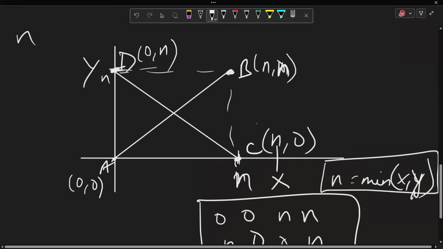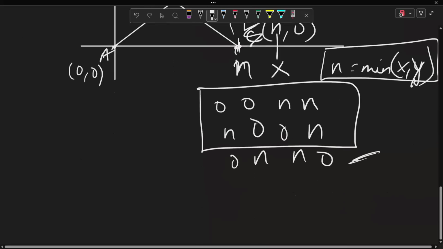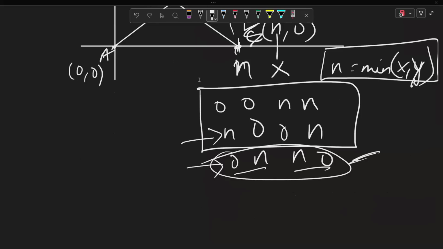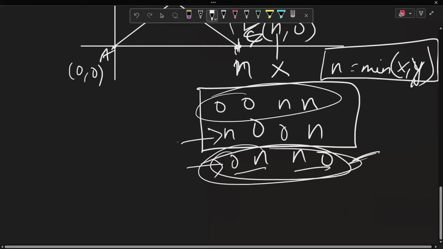Both are okay. You can take this as C and this as D. There is no problem. I have printed this in my code: 0n space n0, so 0 space n space n space 0. These are printed and we are done.